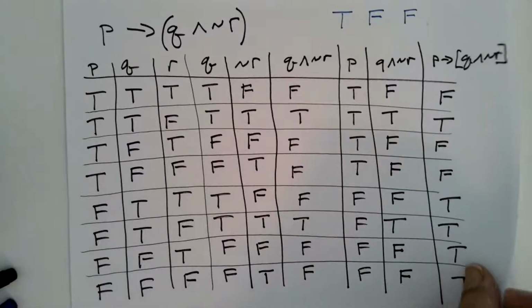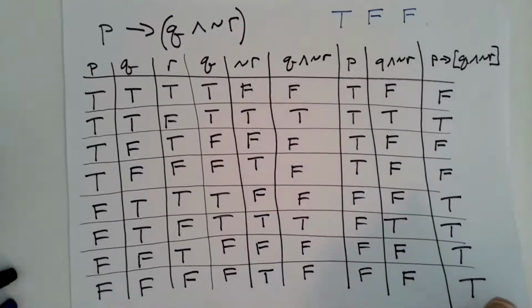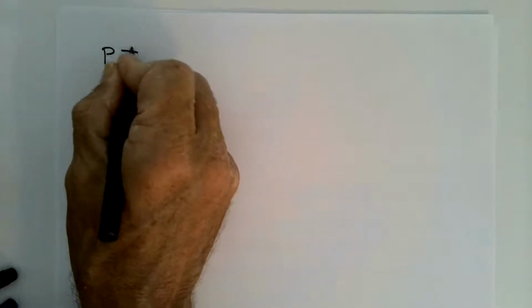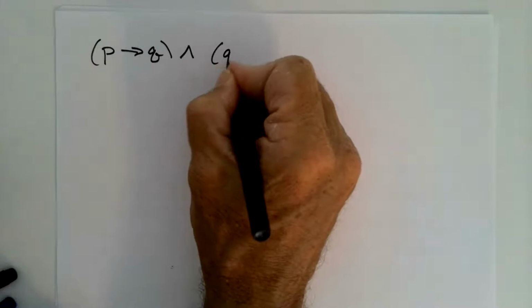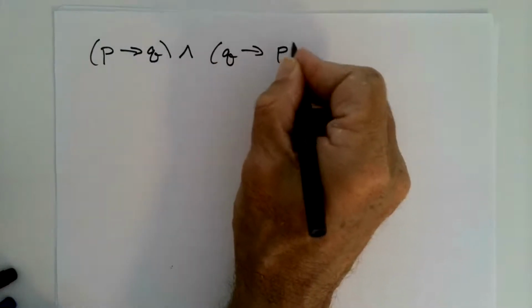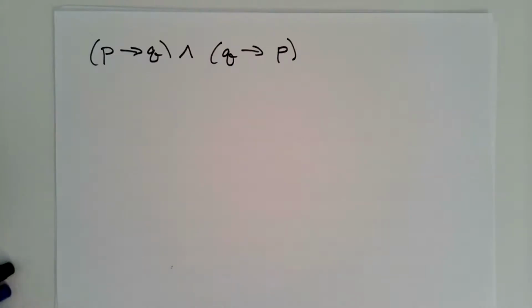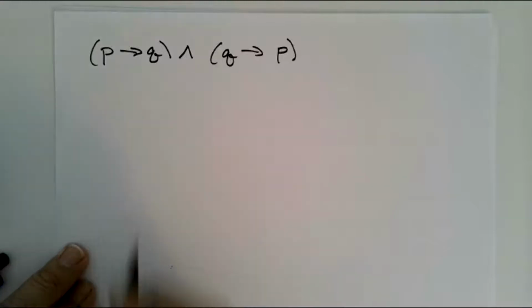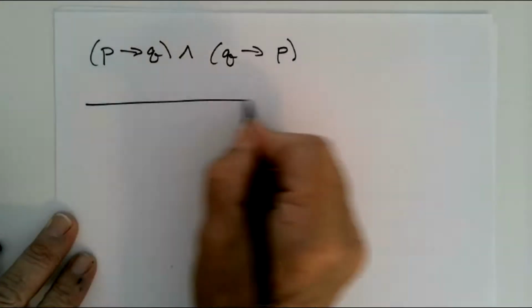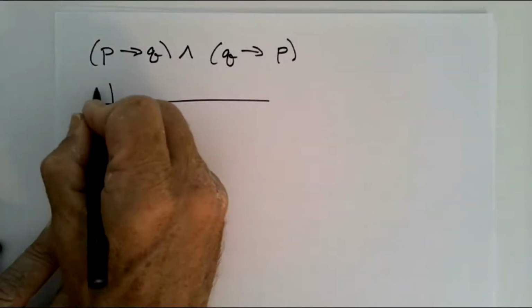But let's finish up with going back to 2 for an if and only if discussion. So this time I want to look at P implies Q, so if P, then Q, and Q implies P. We want to construct a truth table for that, and it's only got 4 elements in it.